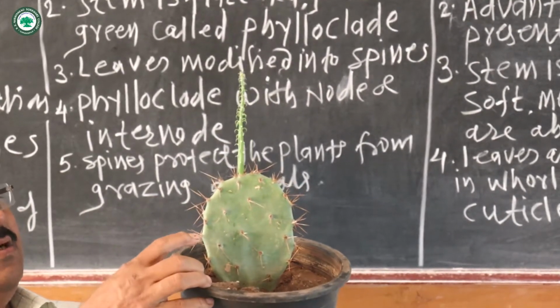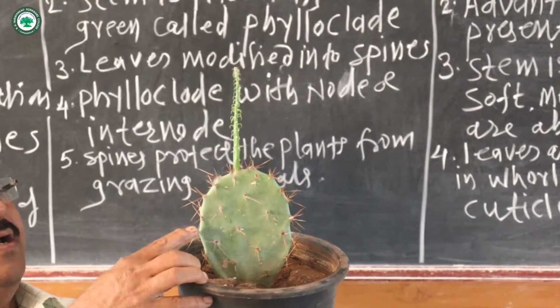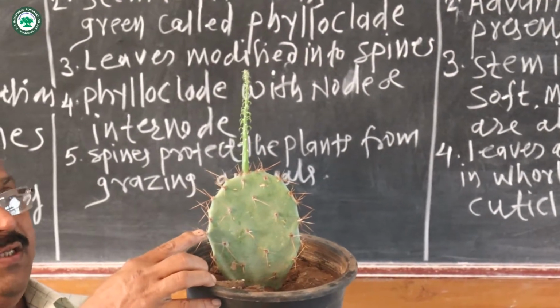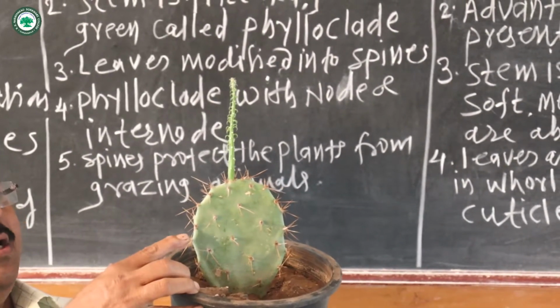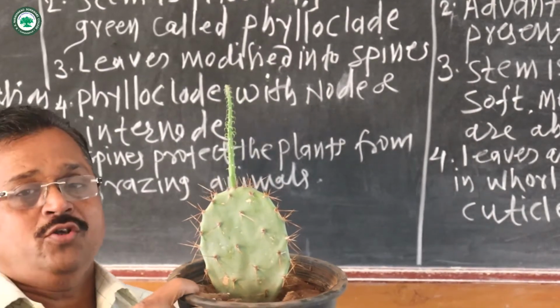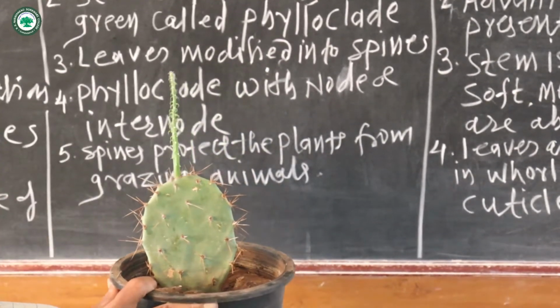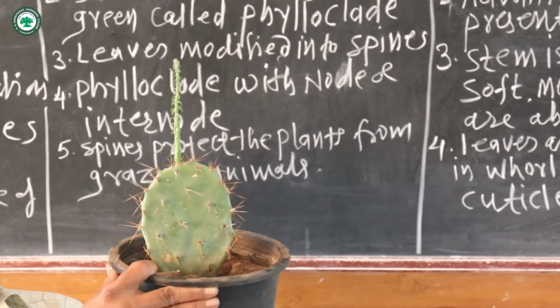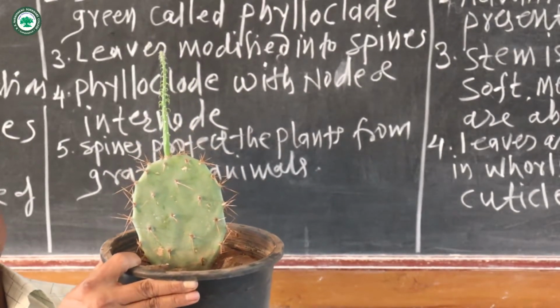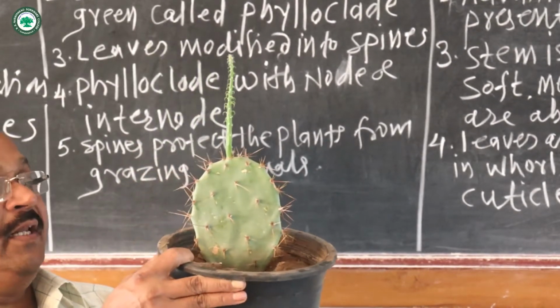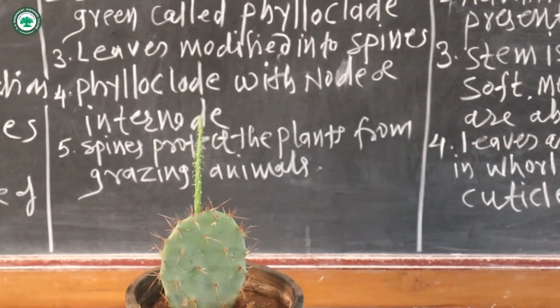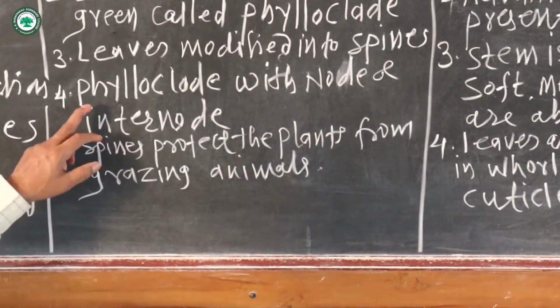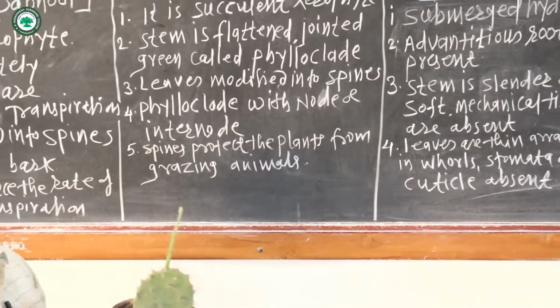These are the leaves modified into spines, because they reduce the rate of transpiration and also protect the plant from grazing animals.